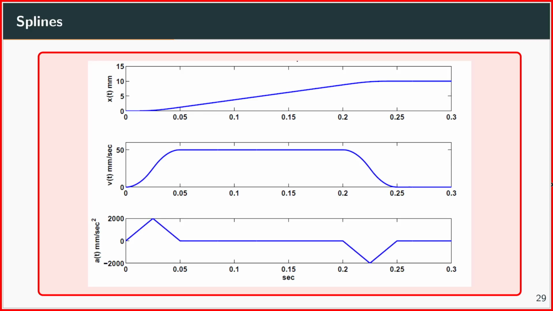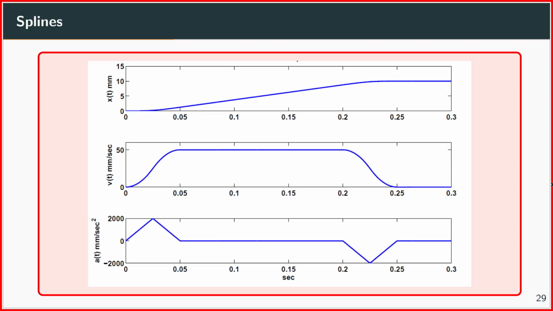And something which is pretty important: if you want to find out in which class your function actually is, a usual trick is that you plot all the derivatives of the function. So for example, here, this could be the position of a motor joint on your robot. And here we have the velocity of the motor joint, and here we have the acceleration. And what you can see here is that the position is linearly increasing.